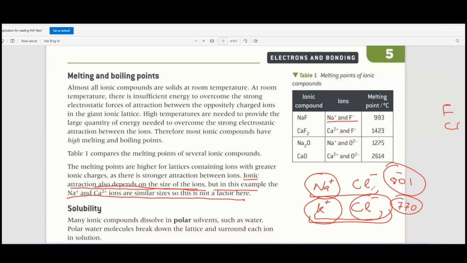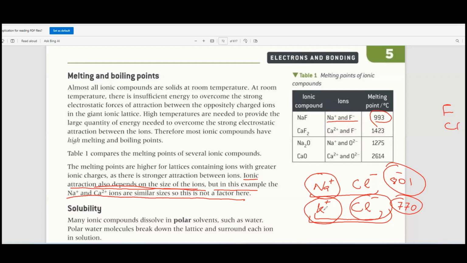For sodium chloride the melting point is 801, and for sodium fluoride it is 993. So again, fluorine has fewer electrons, and due to fewer electrons the force of attraction is more because there will be less repulsion between electrons. So that's why a higher melting point. I think that's the reason.